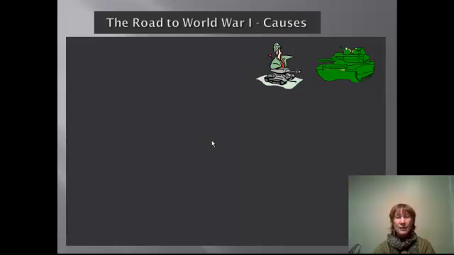The first thing we have to look at is the ideology of nationalism. We keep going back to nationalism because after the middle of the 19th century, it seems that almost every conflict has had an element of nationalism. So how did nationalism play a part here?